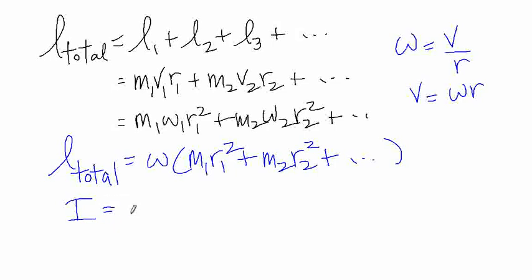The moment of inertia, I, of a rigid body is equal to this sum, where each of the m1, m2 corresponds to the contributions from all the little pieces of the rigid body.